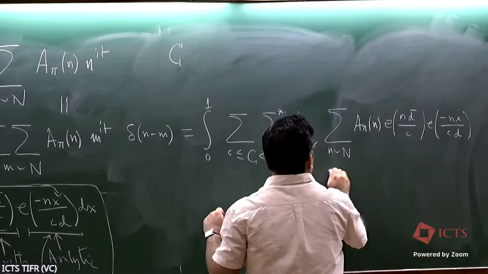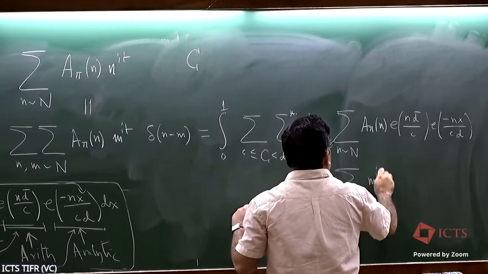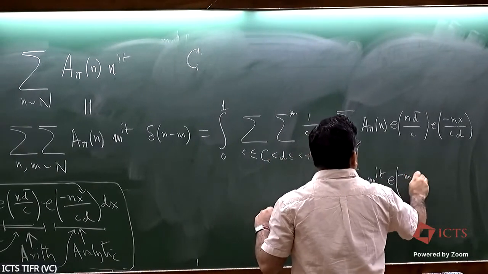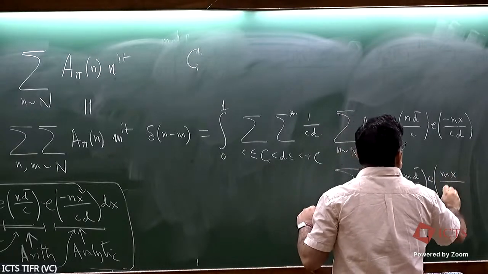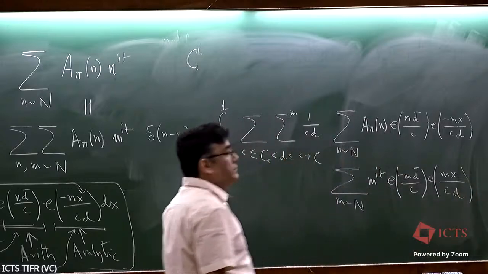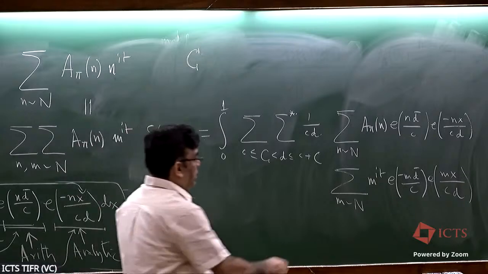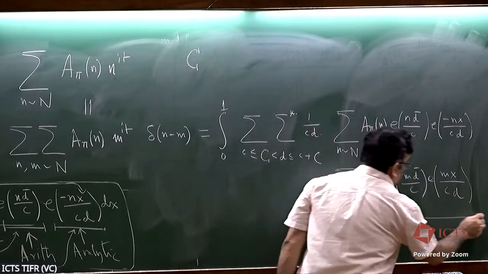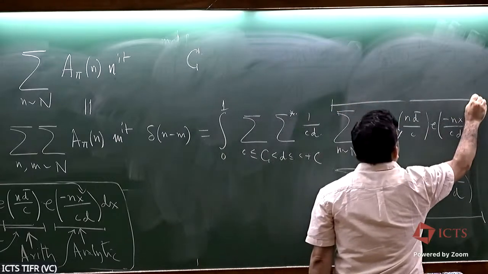And then I have the sum over m of size N, m to the power it, e of minus m d bar by C, e of mx by CD. Fine, right? So here now I can use my Poisson summation formula, and here I can use my GL3 Voronoi summation formula.